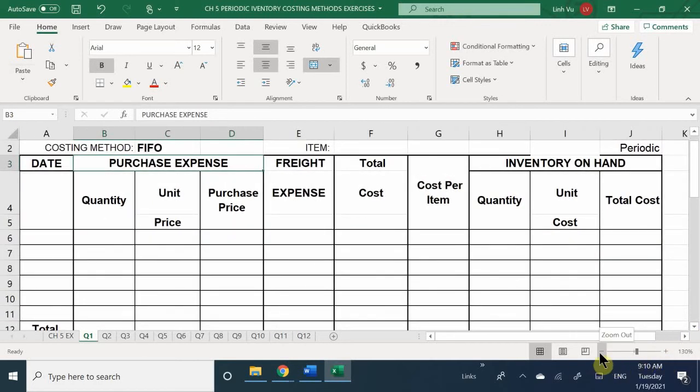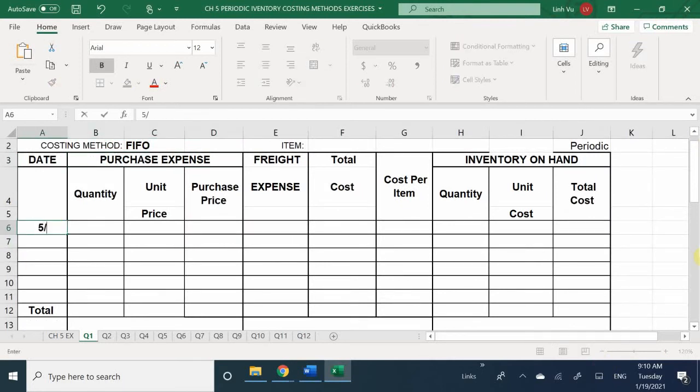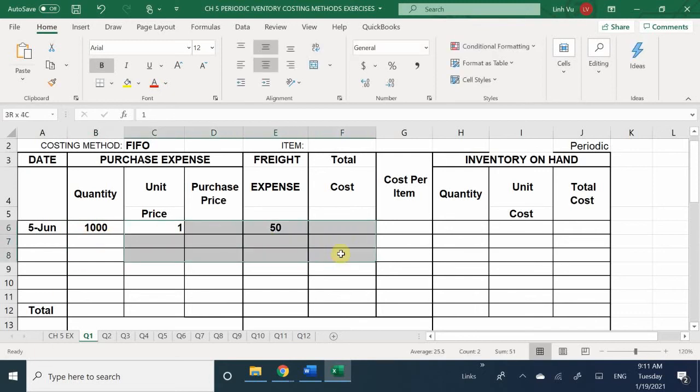Now we have to place it into our inventory worksheet. So again, June 5th: 1,000 items at $1 with $50 freight. I'm going to format my cells real quick.